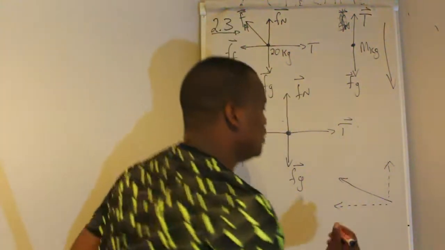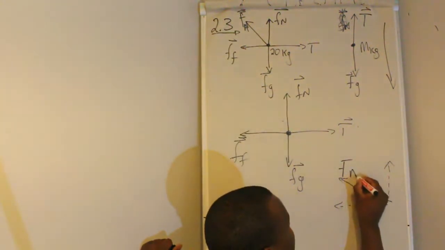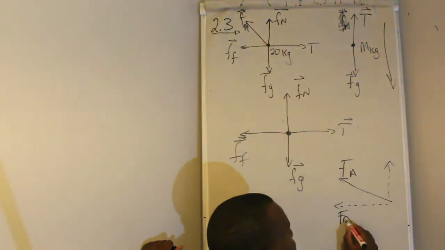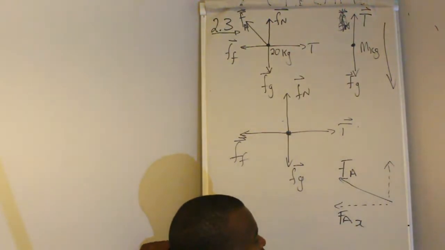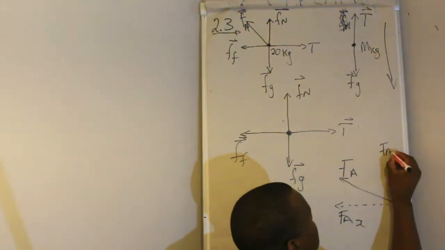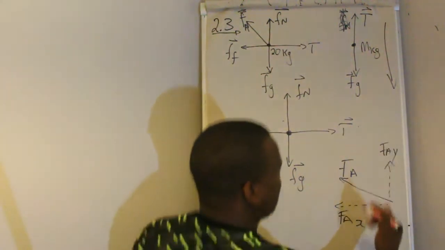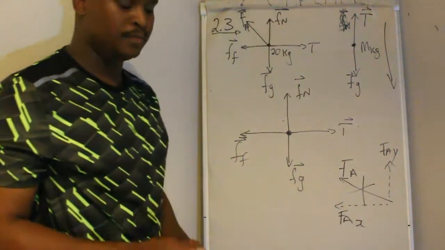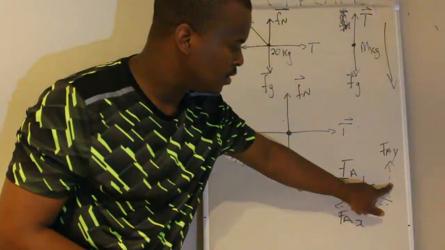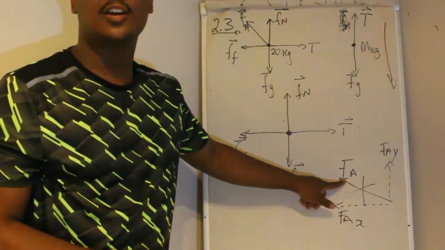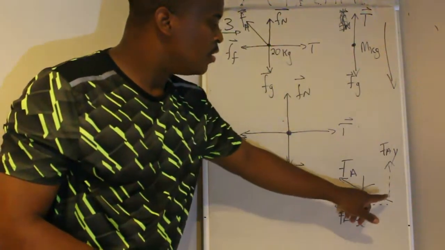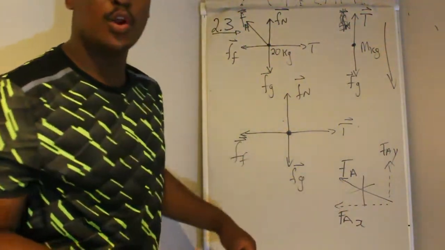Since this is your applied force Fa, you can have force applied in the x direction, which is the horizontal one, or force applied in the y direction, which is the vertical one, and leave this one out. Because these two combined make this one using Pythagoras' theorem.